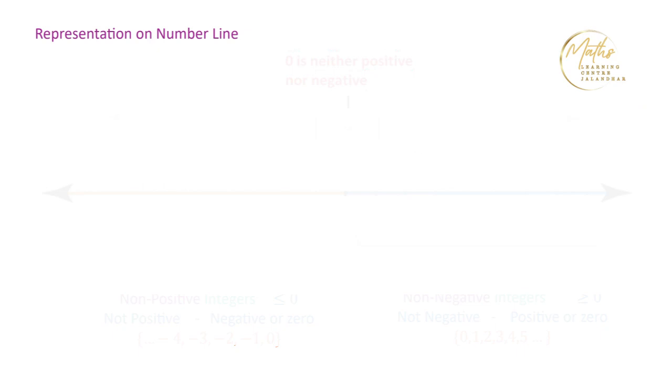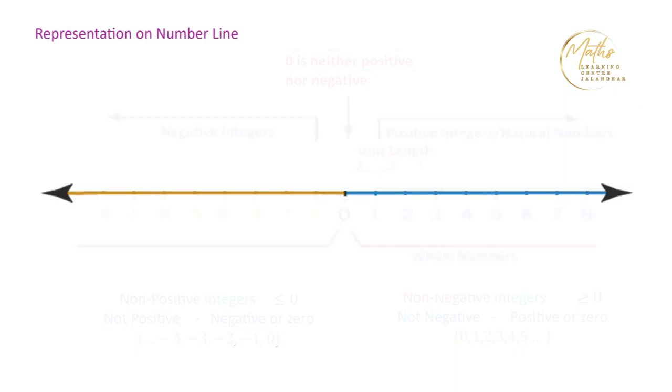Now the next thing we have is representation of integers on the number line. Number line means we are going to plot a line, and on this line we are going to mark a point which is representing the number 0. The number 0 is the integer which is neither positive nor negative.